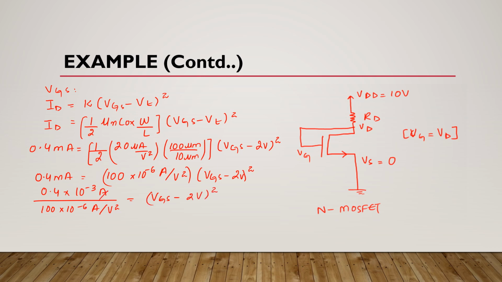Now this ampere is going to cancel this ampere, and if we solve this we get 4 volts square. Now we take square root on both sides, and here we have 2 volts, and here we have VGS minus 2 volts. It means this gate to source voltage is equal to 2 volts plus 2 volts, and it is equal to 4 volts. So this is gate to source voltage here.